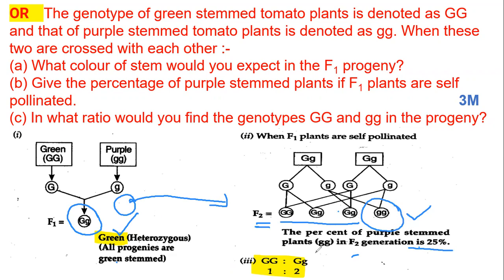purple color stem. Okay. Next, we'll go to the C question. In what ratio would you find the genotypes big GG, Gg and small gg in the progeny? Genotype, you know, right, with the genetic variation, you have to think, not the phenotype.